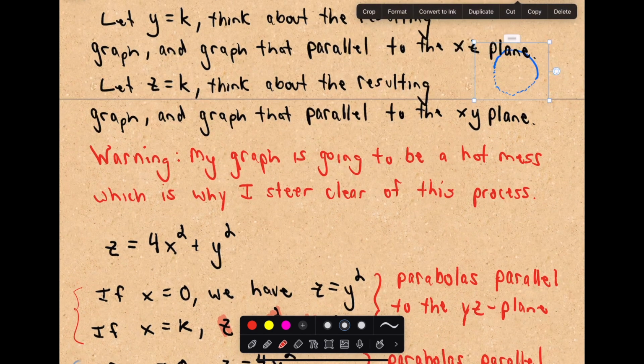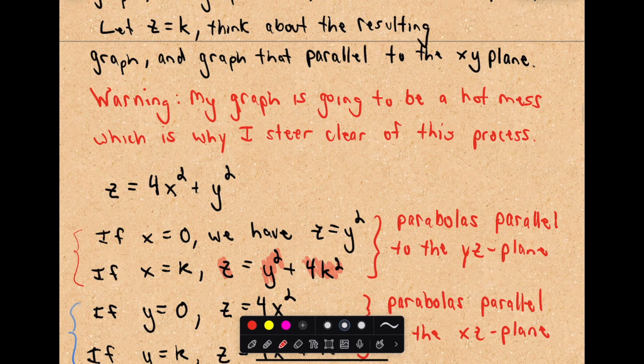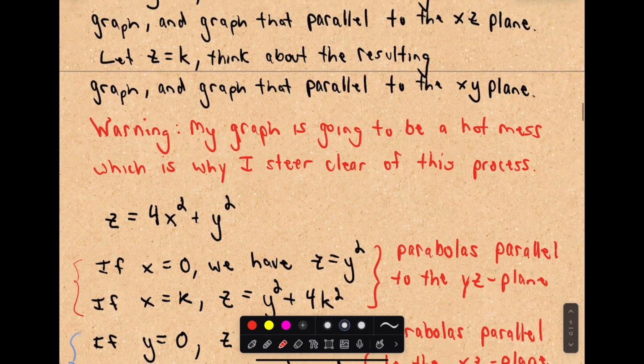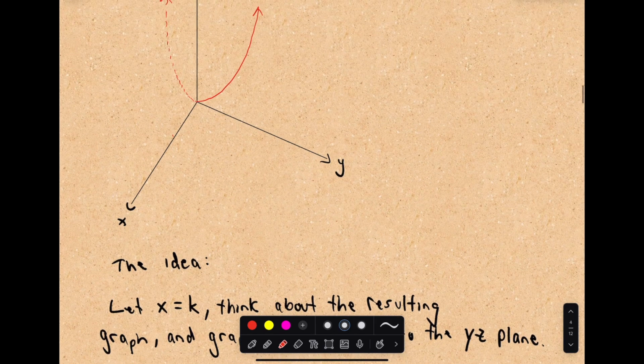We've got z equals y squared plus this 4k squared. So all that's going to do is just shift it up a little bit, okay? So we've got z equals y squared plus some positive value, which is going to give us a parabola shifted upwards a little bit.